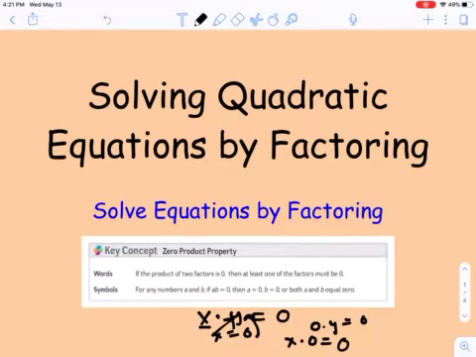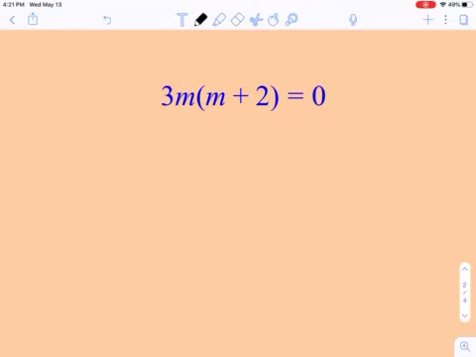So what's nice about this is we can use this when we can write our expressions in factored form as a product of two things, either two binomials or a binomial and a monomial. And when you have that, then you know that if you can get it equal to 0, we've forced a situation where we can find a solution for these items.